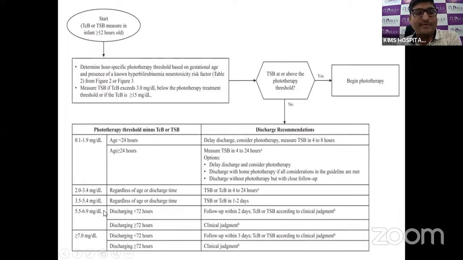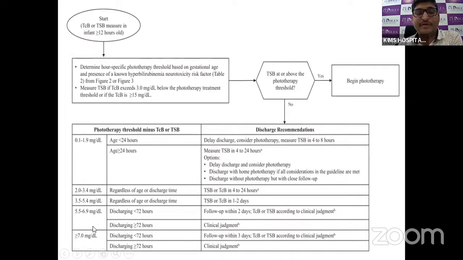Okay. When it is more than 5.5 and less than 7, if the child is being discharged at less than 72 hours, you have to call back after 2 days. If the child is being discharged after 72 hours, you have to judge clinically. You can call in 2 to 3 days most of the times.